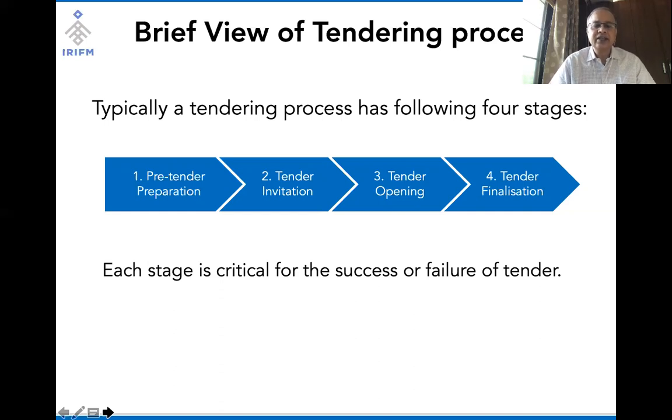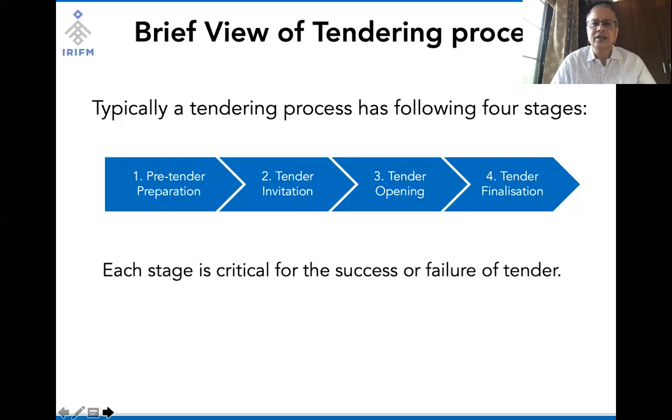Then the second stage is, once I have prepared the tender document, inviting the tender, which is the tender invitation stage. The third is the tender opening, which is a detailed process. And in the e-tendering world, that process has been simplified, but still it has its sanctity and importance.